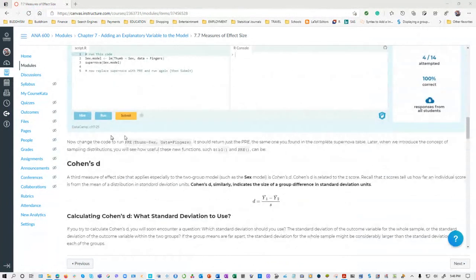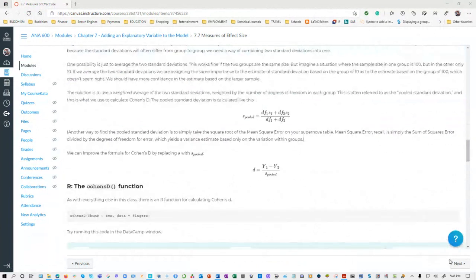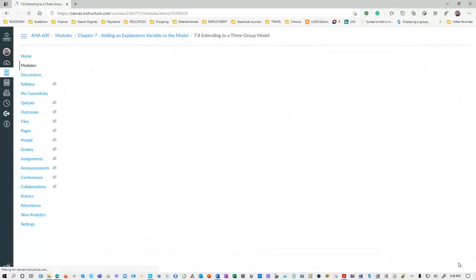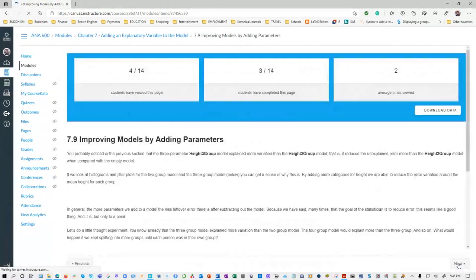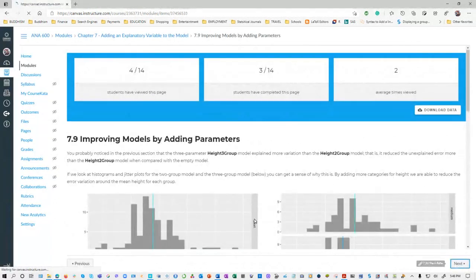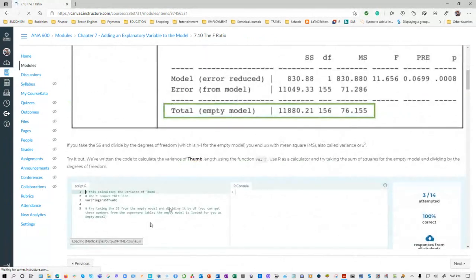Look at what's going on over here. I'm going to go back to where I was a few minutes ago on F. Next one. This is what I'm talking about.